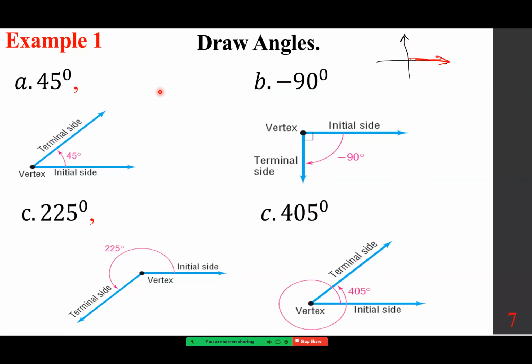Maybe I write it: this is 360 plus 45 degrees. So in essence, 45 degrees and 405 are the same. They have the same terminal side. That's the meaning of it. All right, so that's drawing angles.